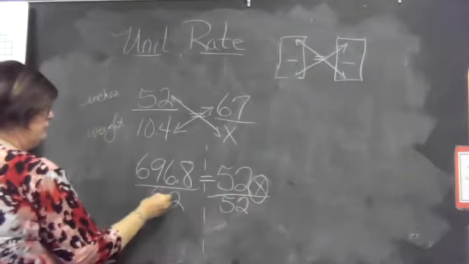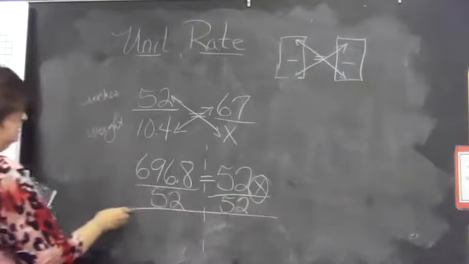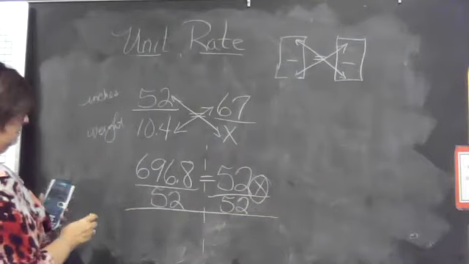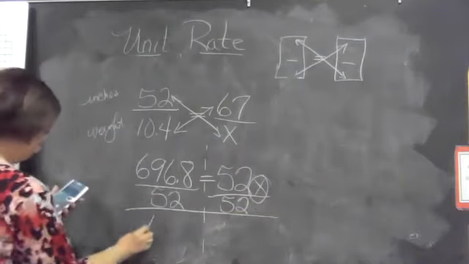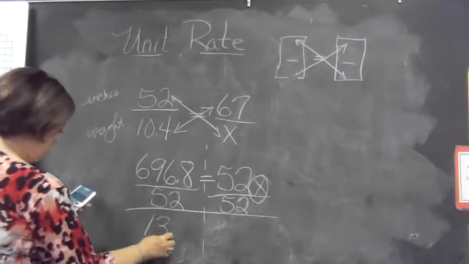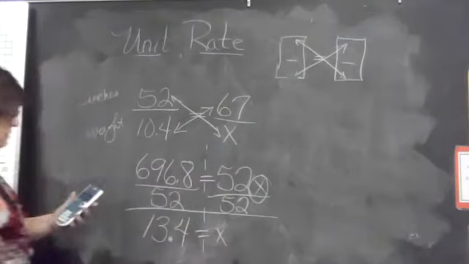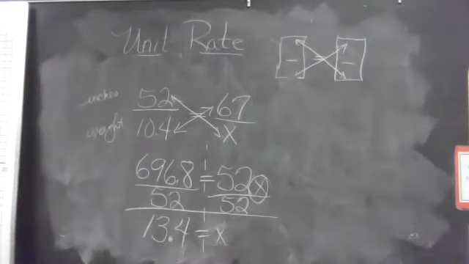Remember that you have to do the same thing to both sides to keep it balanced. My number's wrong. Did you get a 7? I got 13.4 equals x. I put 10.2 instead of 10.4.